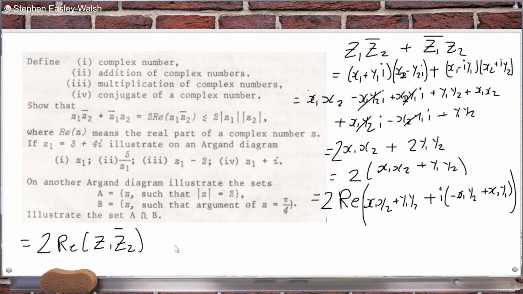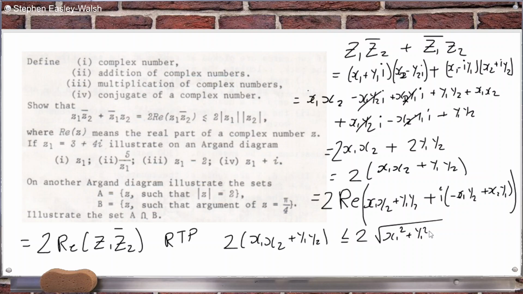Okay, now we're required to prove that 2 (X1 X2 plus Y1 Y2) is less than or equal to 2 times the square root of (X1 squared plus Y1 squared) and the square root of (X2 squared plus Y2 squared). So we can at least cancel the 2's out.